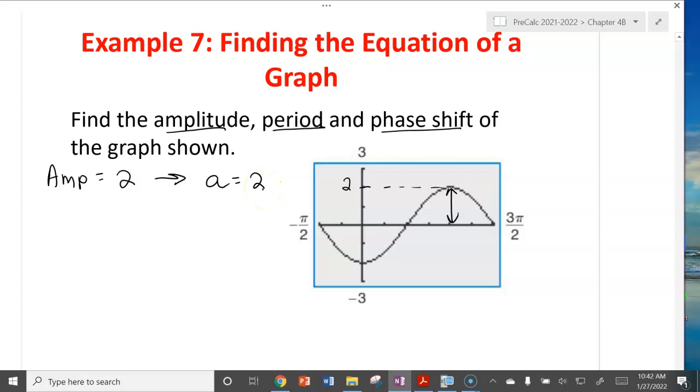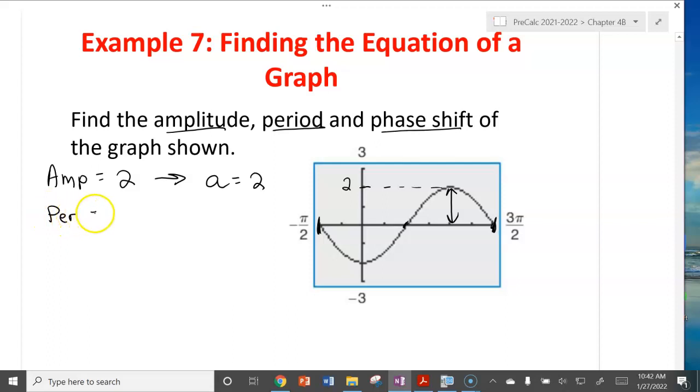Next is period. Well, here we have a crossing and there we have a crossing, so there's intercepts. But that's not the whole period, because we have the underside here. So our period is going to start at negative pi/2 and end at 3 pi/2.